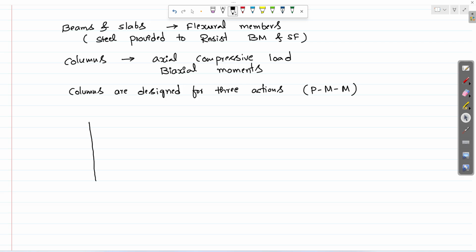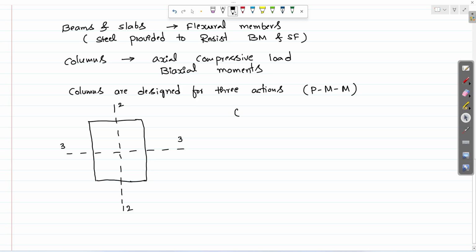So assume I have a column like this, so this is the cross section of the column. So this is your axis 3, 3 and this is your local axis 2, 2.